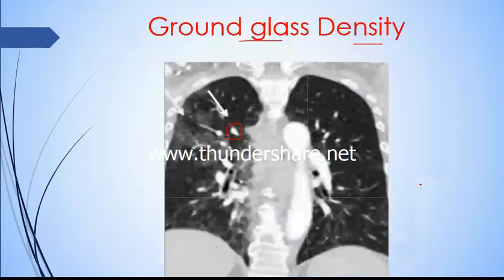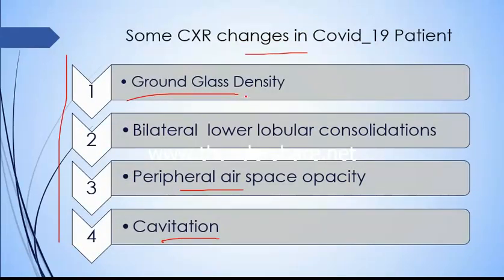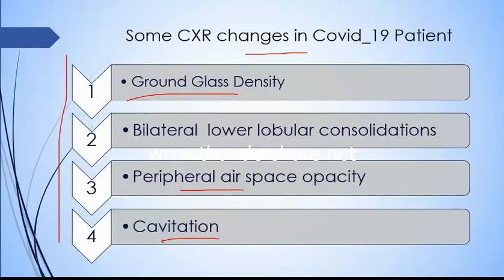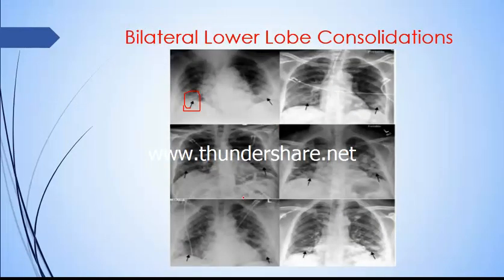So as a conclusion, in the chest X-ray of a COVID-19 patient we can see ground glass density like this, and also bilateral lower lobe consolidation, bilateral meaning on both sides. This is the big differentiation from bacterial pneumonia, where we have consolidation only in one lobe or one side.